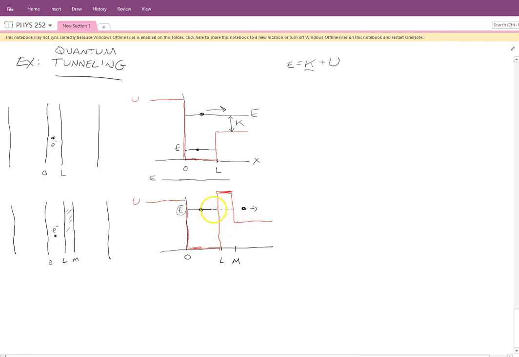There's no way that the electron with that total energy should be able to go through this energy barrier, as it's sometimes called, and appear over here. But there is a probability, and you can actually calculate it. It's called the tunneling probability. And this is solely because the electron is acting as a wave.